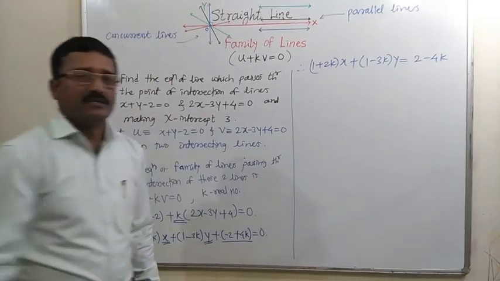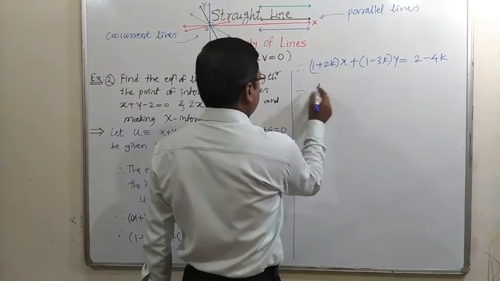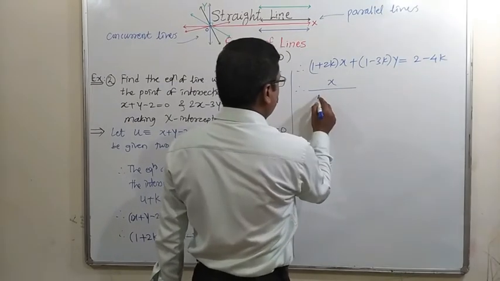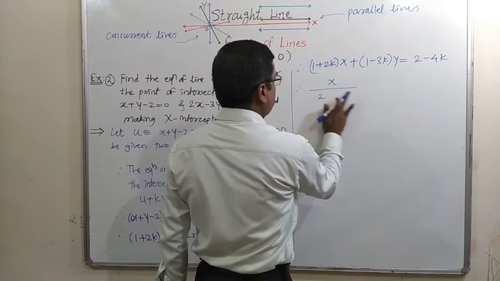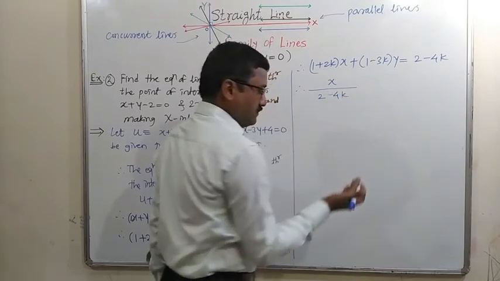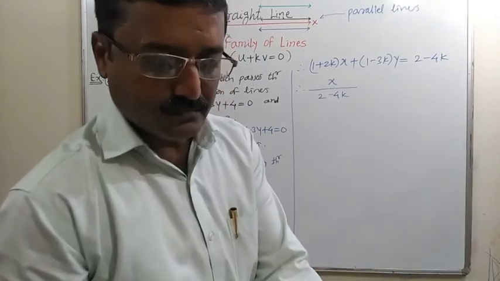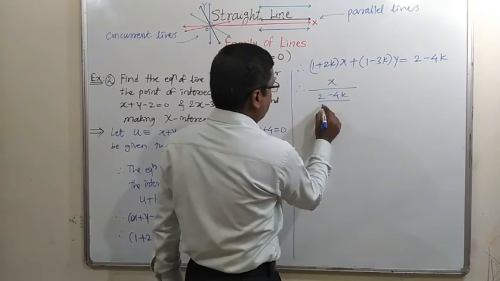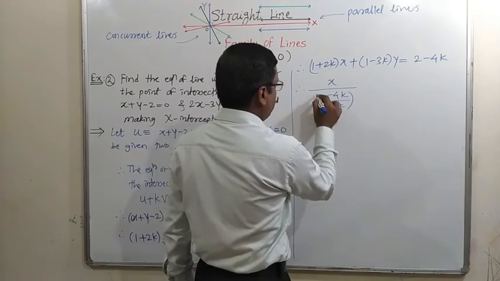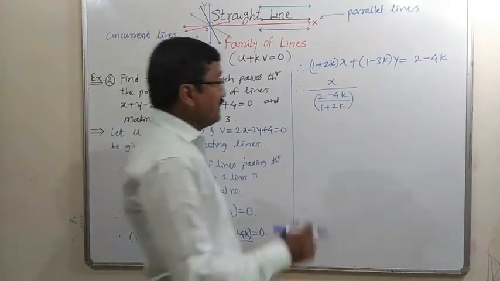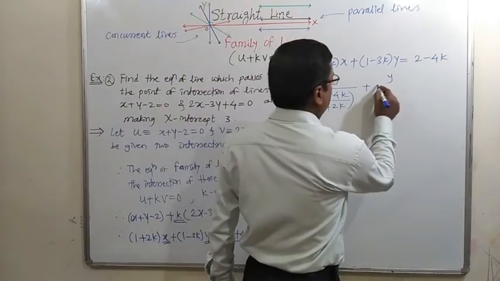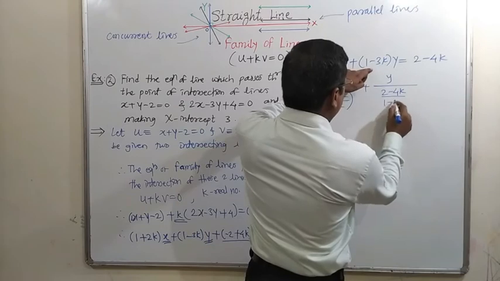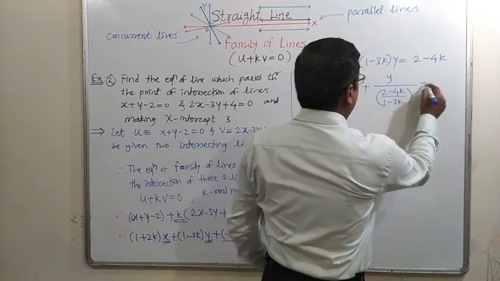Now divide each term by 2 minus 4k, so that we get x upon (2 minus 4k) upon (1 plus 2k), this is the x-intercept, plus y upon (2 minus 4k) upon (1 minus 3k), this is the y-intercept, equal to 1.